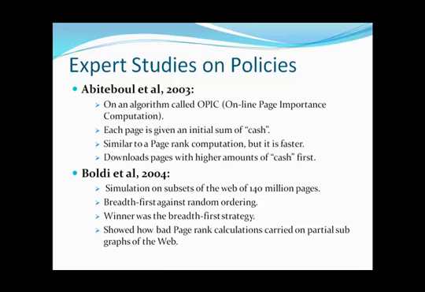The winning strategy was breadth-first, although a random ordering also performed surprisingly well. One problem is that the WebBase crawl is biased to the crawler used to gather the data. They also showed how bad PageRank calculations are when carried out on a partial subgraph of the web.